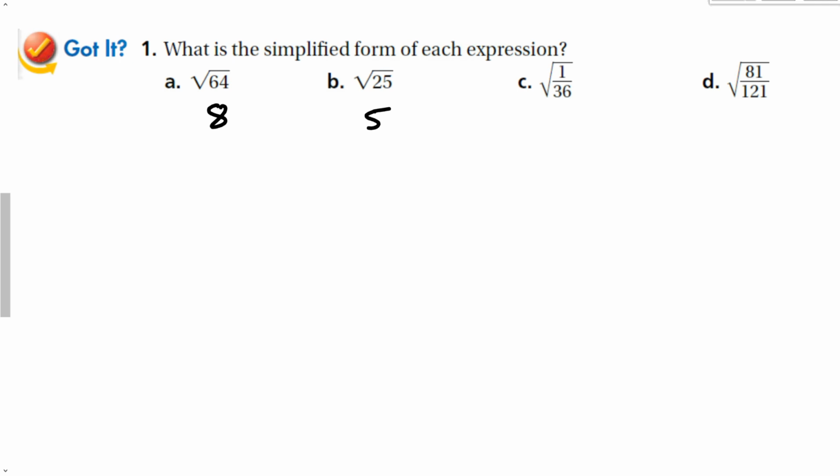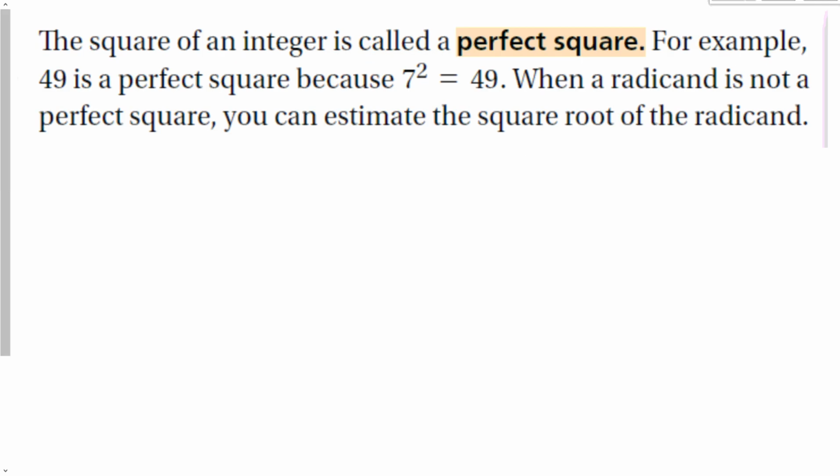The square root of 1 is 1, over the square root of 36, which is 6. And with letter D, we have 81 over 121. 81, we've done that already, and hopefully you know that 11 times 11 is 121. So there are my 4 got it problems.